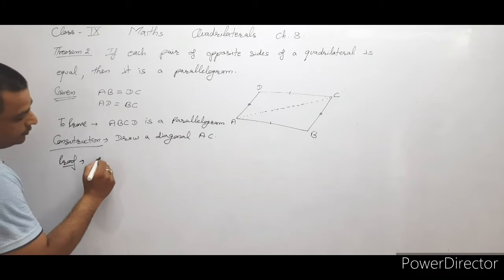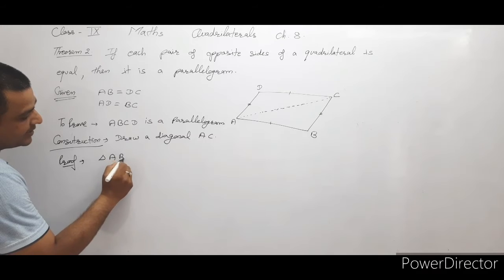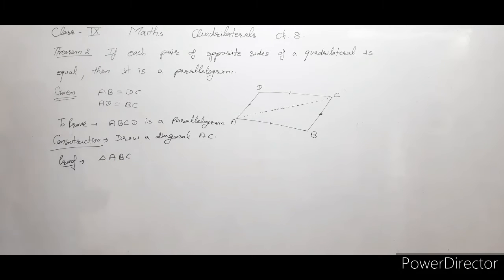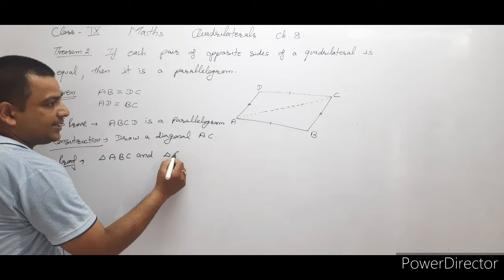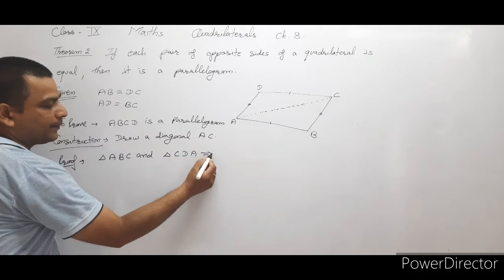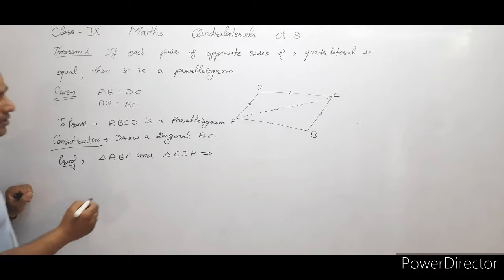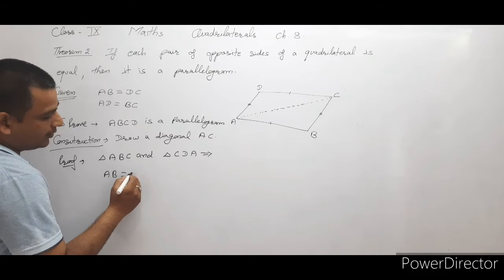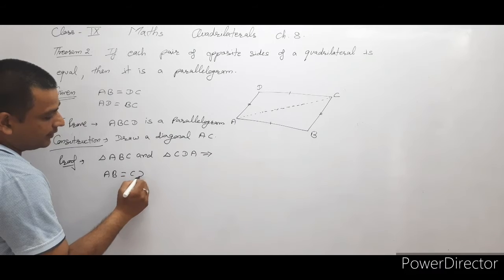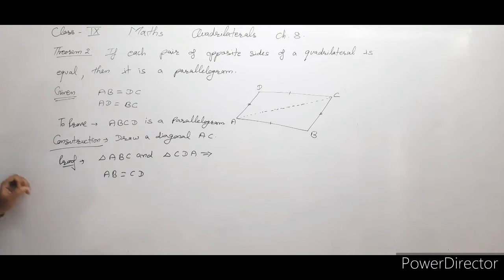Now the proof. In the proof, we will take triangle ABC and triangle CDA. In these two triangles, AB equals CD, because opposite sides are given already.